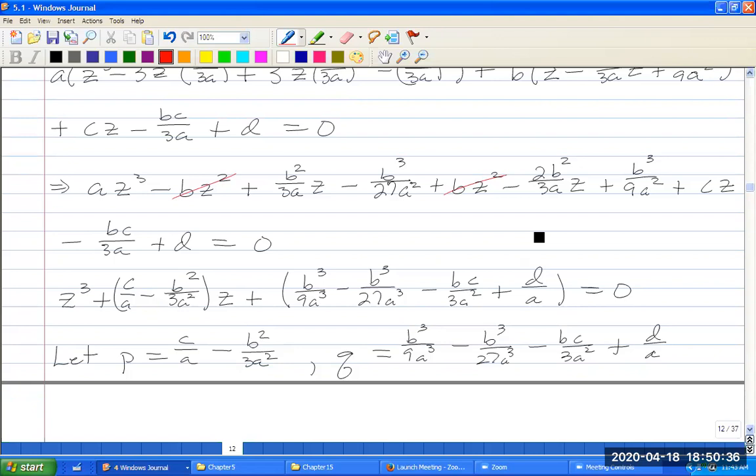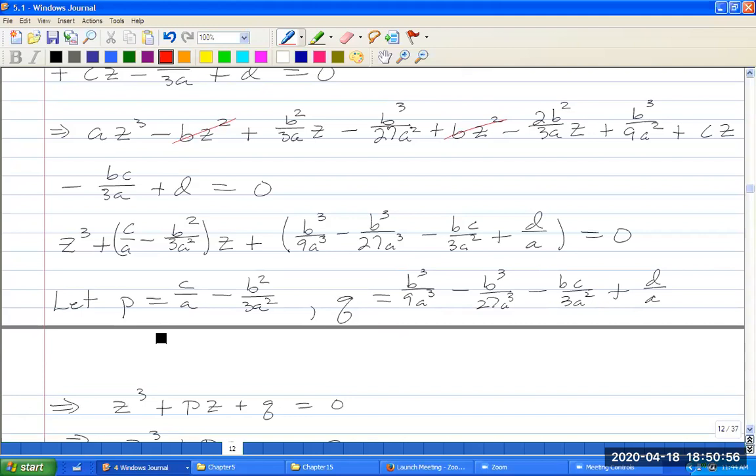Collecting all the terms, there's a whole bunch of things involving z, no z squares, all z. And so let's rewrite this as z cubed plus something times z, I'll call it p, plus something else, I'll call it q, equals 0.